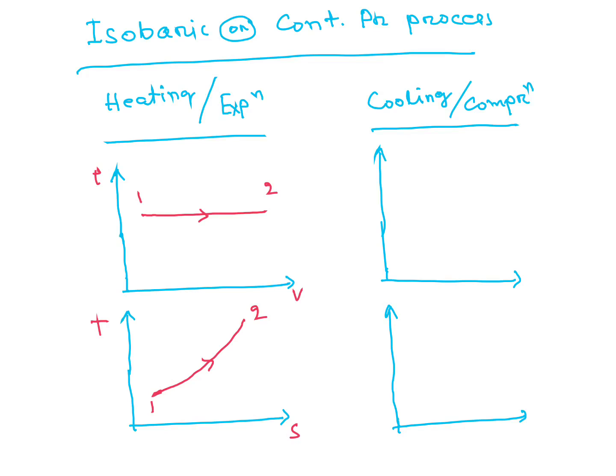And for cooling and compression, PV diagram, then TS diagram, initial state to final state, it will go like this, initial to final.